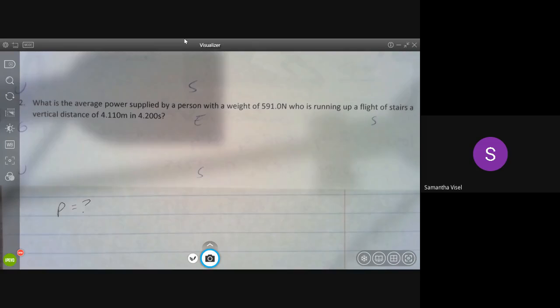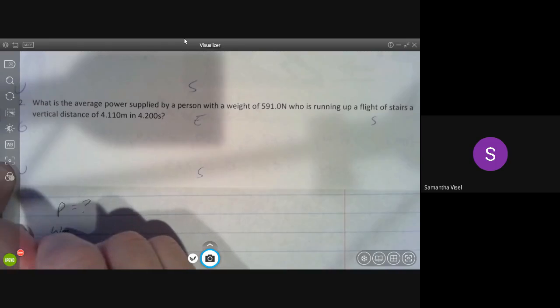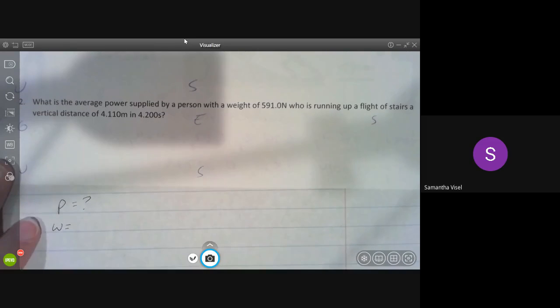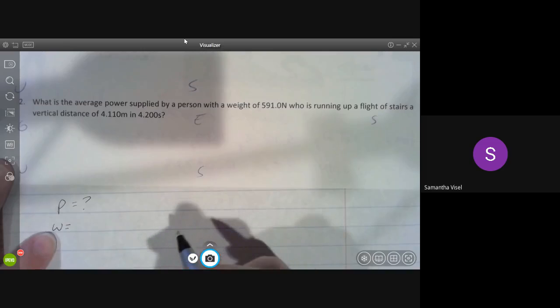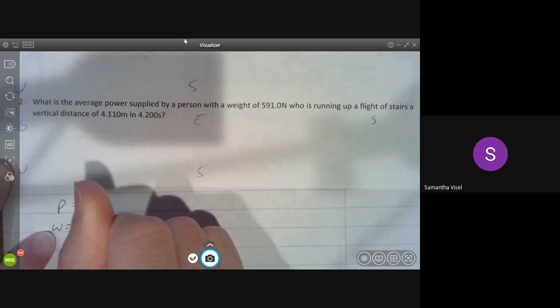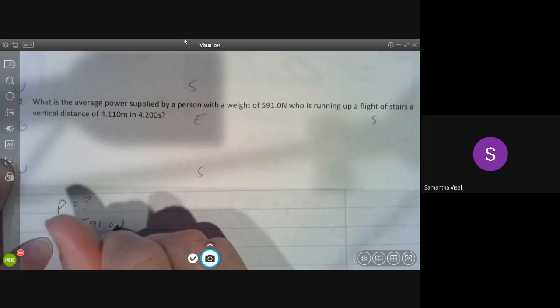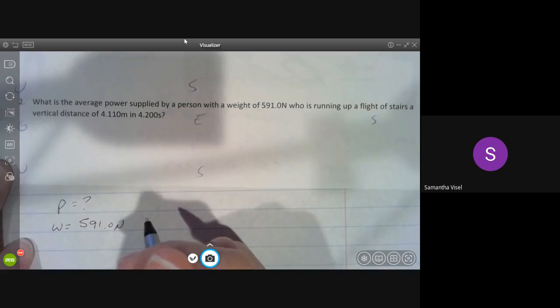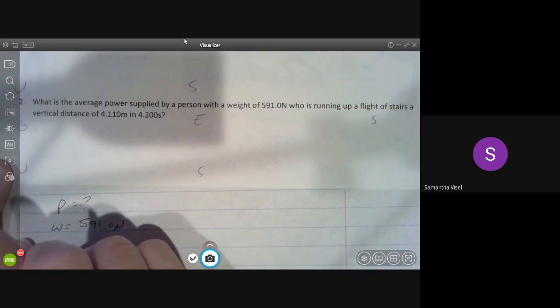I have a weight of 591.0 newtons. So if we remember from our last unit, w, in this case a lowercase w, will help us distinguish it from our work. 591.0 newtons for the weight is running up a flight of stairs, a vertical distance of 4.110 meters.